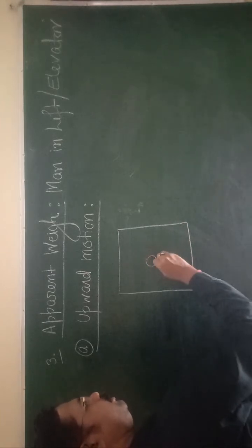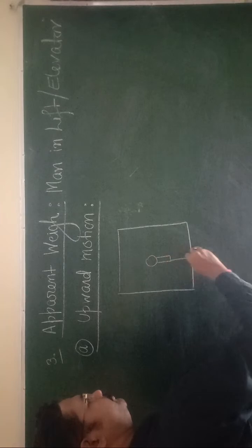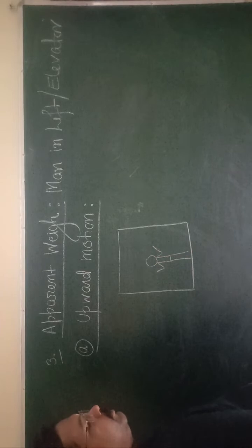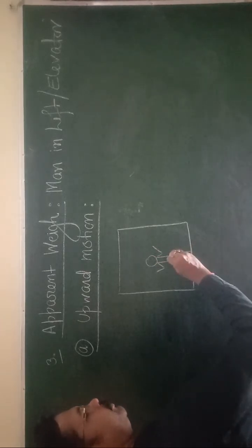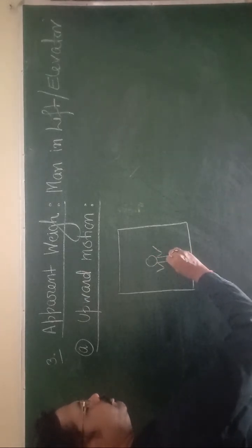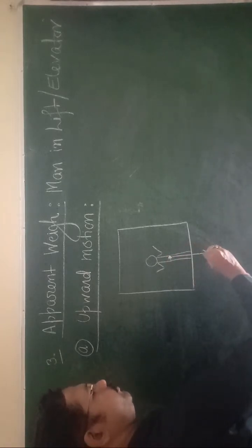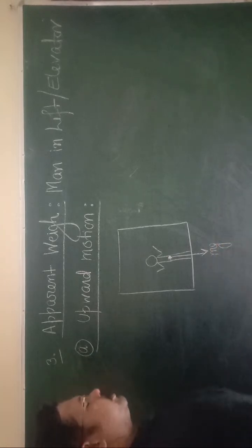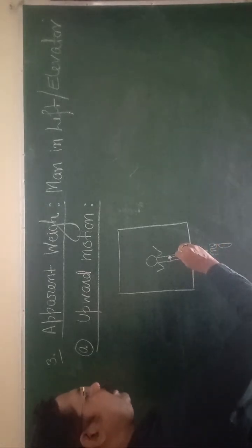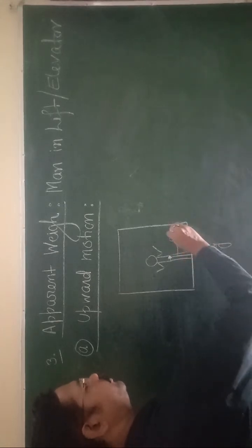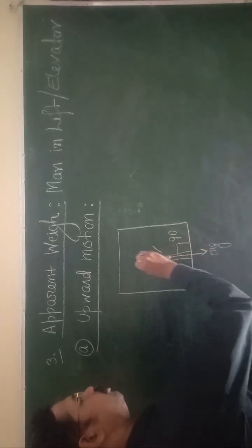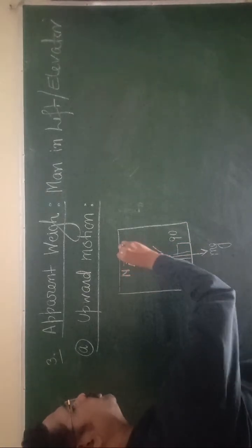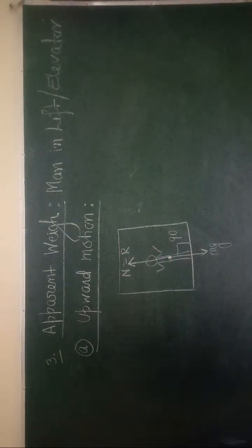Here you are standing, and there is mg acting here. You apply force mg on the earth towards the center and at right angle to the surface. There is the normal reaction, you can write N or R, the reaction force.